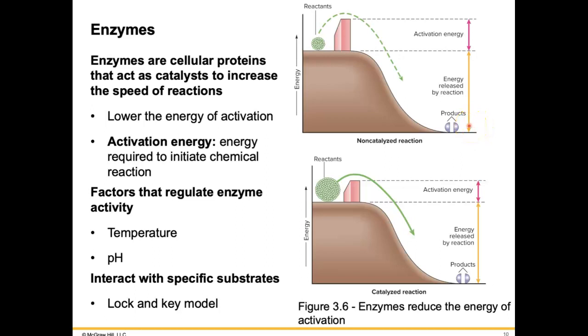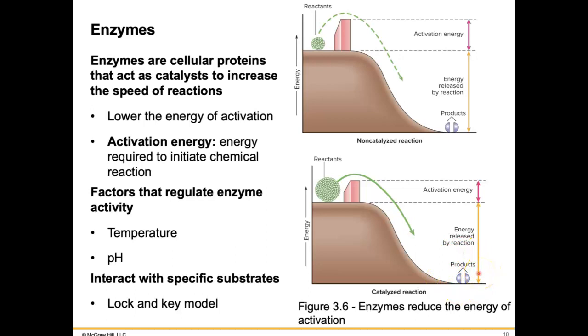When an enzyme is present, it lowers that activation energy. It decreases the height of that wall, and the reactant can then climb over the wall and reach the other side to create its products.